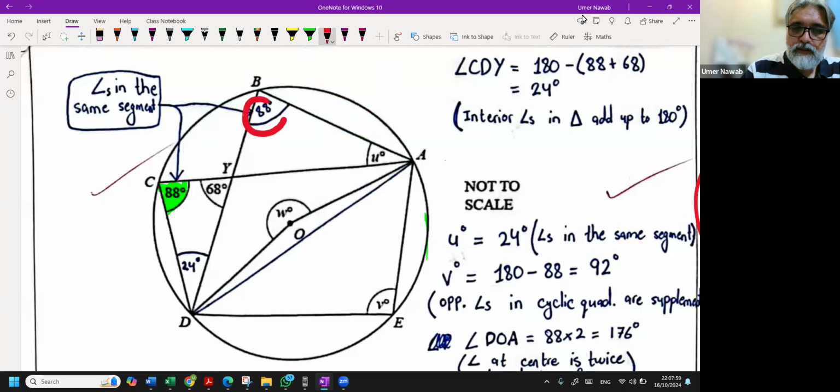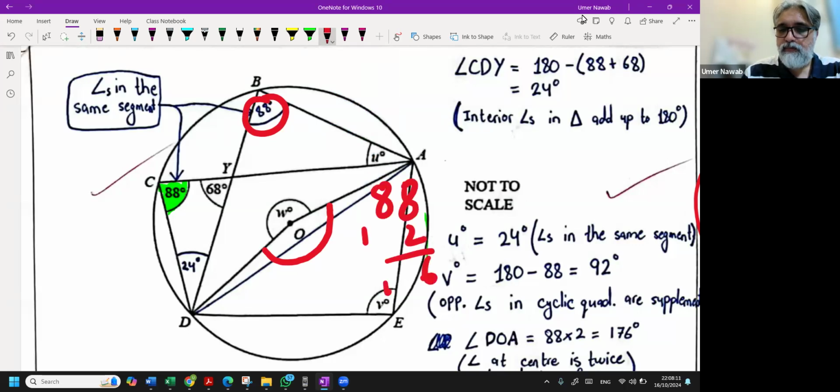So if this is 88, then this will be double of 88. So 88 times 2 will be 176. I can easily find it.